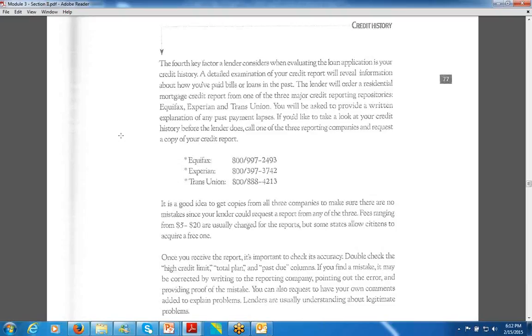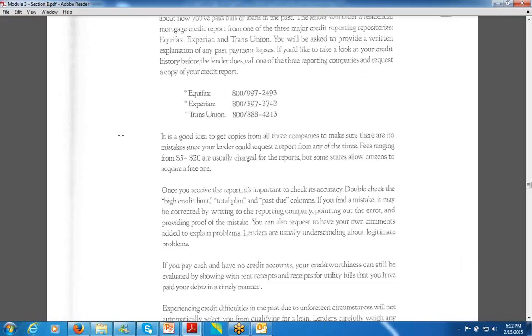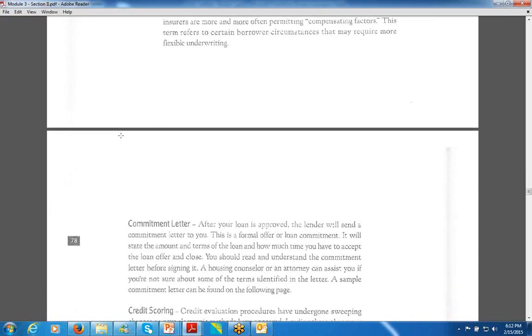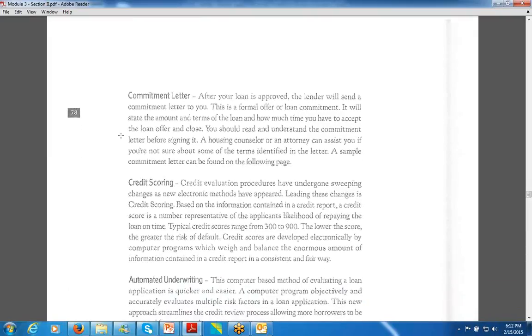I submit to you, though, if it's serious, I would do it in writing, and I would do it certified with the documentation, and be diligent about following up and making sure that they meet the legal timelines as laid out in the Fair Credit Reporting Act. And so get your credit report, review it, make sure the information is correct, and follow up accordingly before you get into the process.